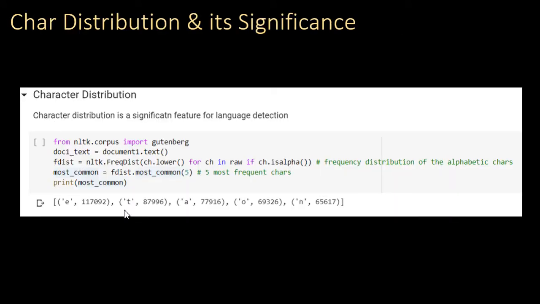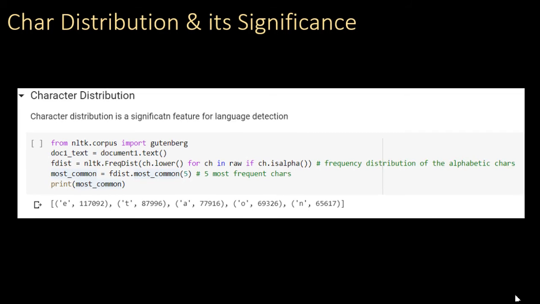Character distribution is a significant feature of language. If you can access a character distribution, you can rank the importance of characters, and you can use them to tell languages apart. Let's import some text from the Gutenberg project again. You can use the frequency distribution method again. This time we're only using them on the lower characters.